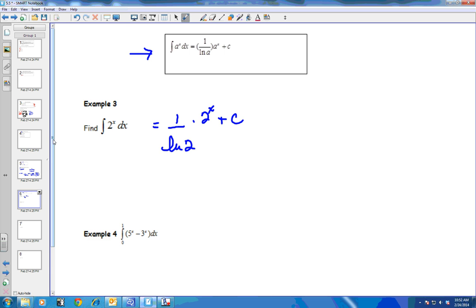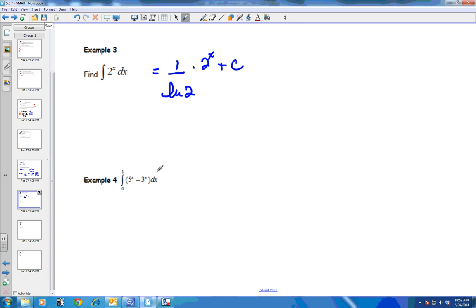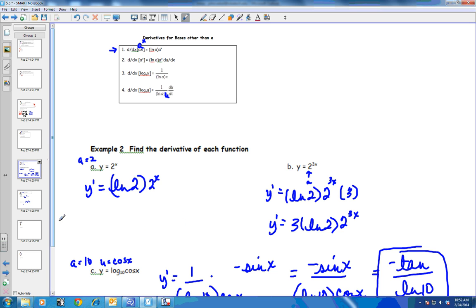Now I can break this up into two separate integrals. It's really this 5 to the x minus 3 to the x. Now this time this is a definite integral. So I'm not going to put a plus c. I'm actually going to evaluate my upper and lower limits.